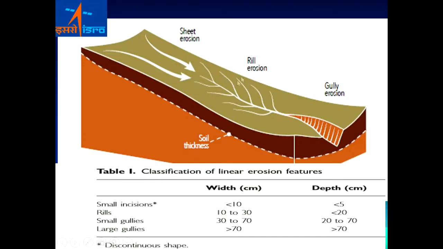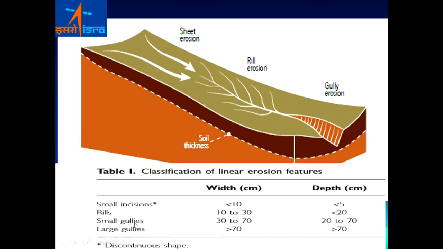Now, how can we classify which are rills and which are gullies? If the width is less than 10 centimeters, it is called a small incision, and rills are 10 to 30 centimeters wide and less than 20 centimeters deep.